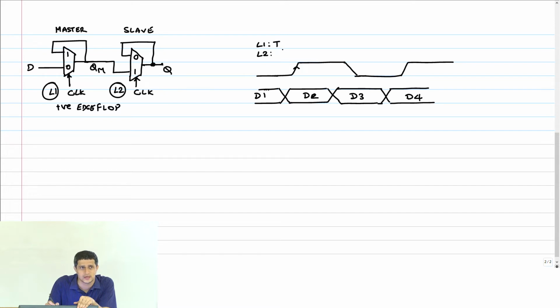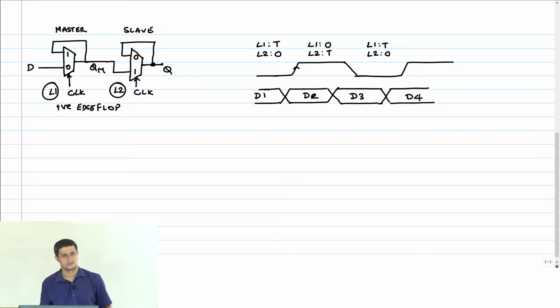It's a positive latch, right? Positive latch means in the negative cycle it is opaque. Data cannot go through. Similarly here, L1, L2, what's happening here? It's reverse. L1 is opaque and L2 is transparent. Okay, and this continues.